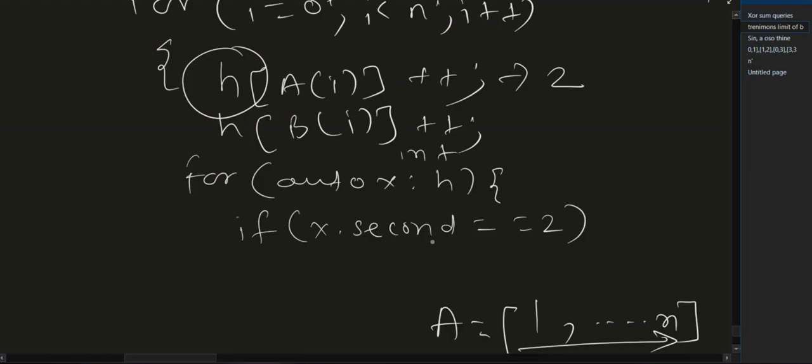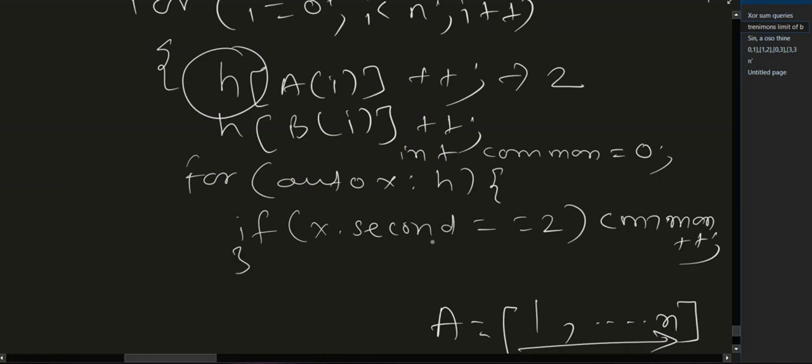Then we maintain a variable, int common, which is 0 initially, and we increase common plus plus. After this for loop we just push it into our final C array, C dot pushback common, and we can return this. This was my first intuition after seeing this.